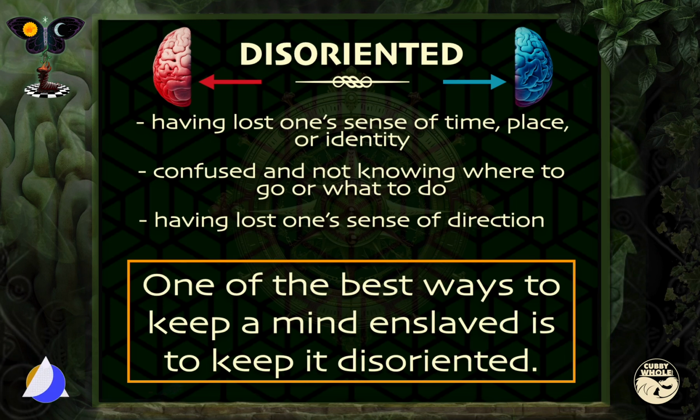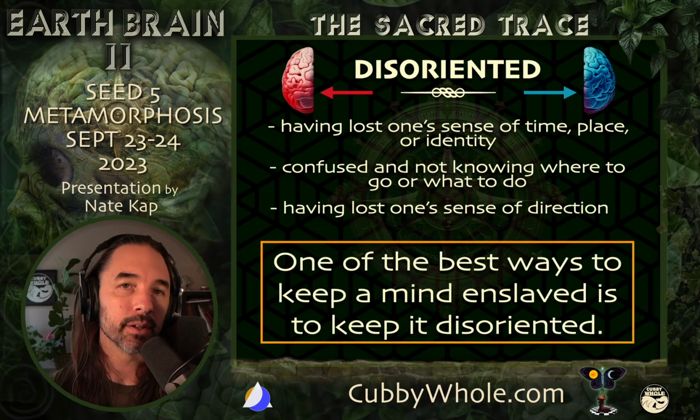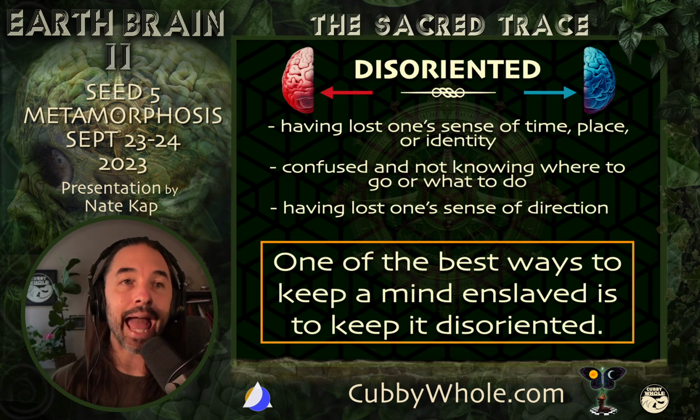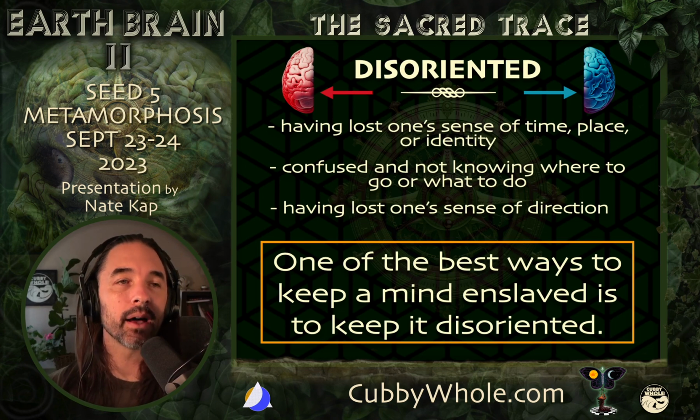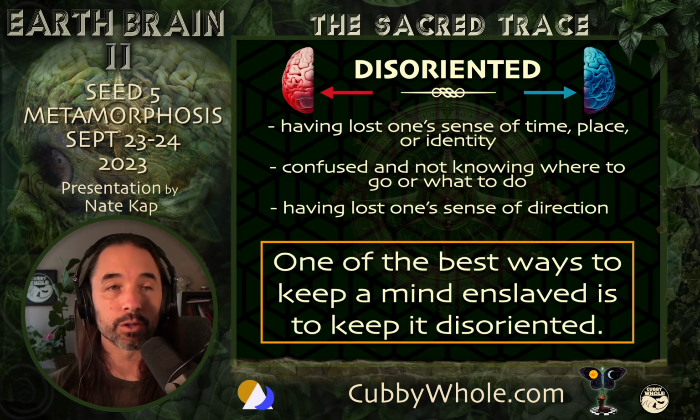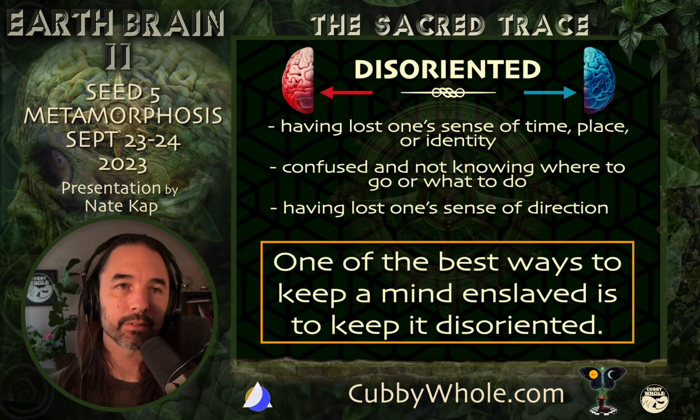Okay. So one of the best ways to keep the mind enslaved is to keep it disoriented. Okay. So to keep it scattered and truly ignorant to truth. And from what I have learned in my research about the dark occult or the dark priest class, they will go to extreme lengths.